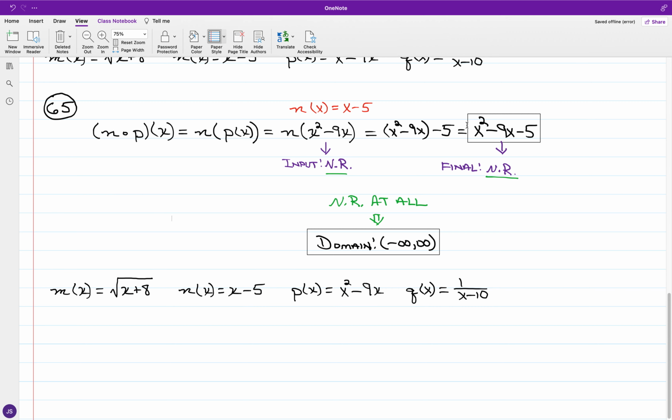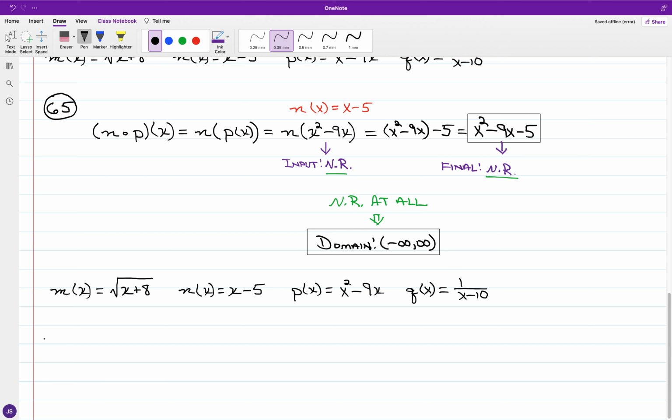N composed with p of x gave x squared minus 9x minus 5. In 66, I'm reversing the order. So for p composed with n of x, I have p of n of x, and I can specify the input: n of x is x minus 5.